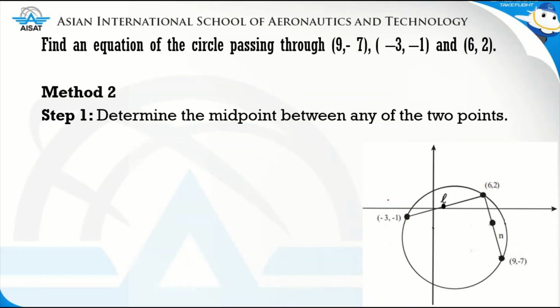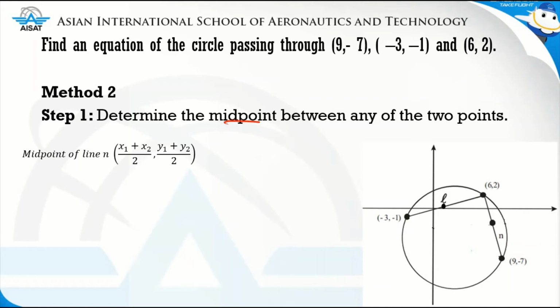The first step is to determine the midpoint between any of these 2 points. So first, we have here midpoint L. Second, we have this midpoint N. So first is for the midpoint of line N.